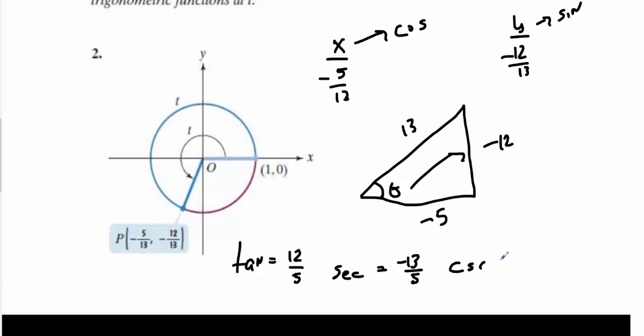And cosecant is the inverse of sine, so this would be -13 over 12. We could also do cotangent, which we know is just the inverse of tangent, so it'd be 5 over 12. And so there are all our pieces if I know both the x and the y coordinate.